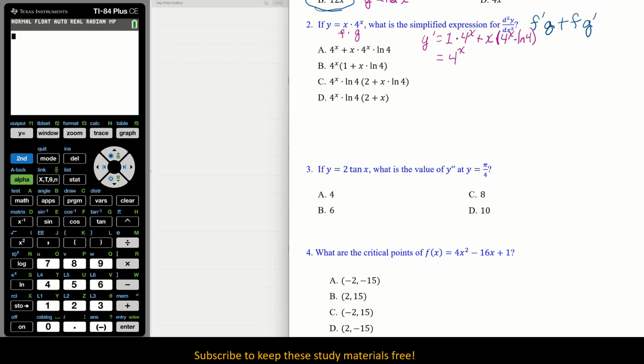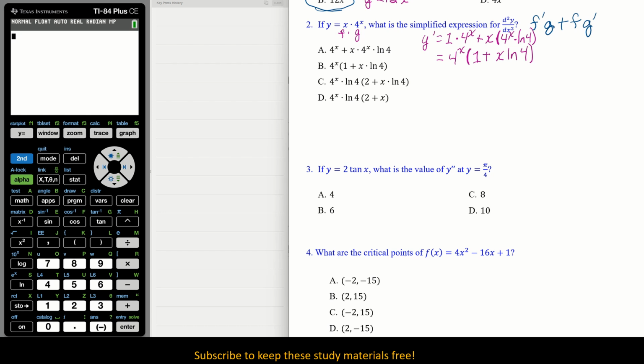What we really need to do is pull out the 4 to the x, and then we have 1 plus x ln 4. Took me a second to see that. Now we have something to work with.